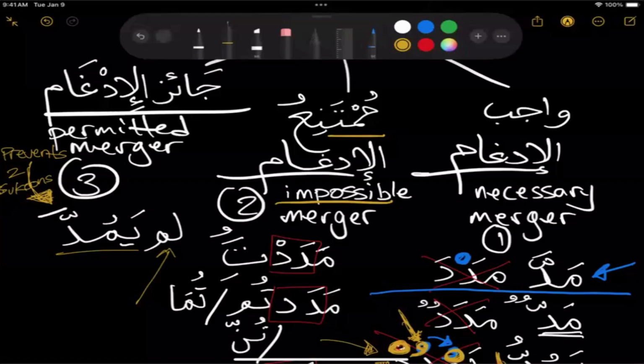Wa alamatu jazmihi, and its sign of jazm is what? Not fatha. Sukunun muqaddar, an estimated sukun.